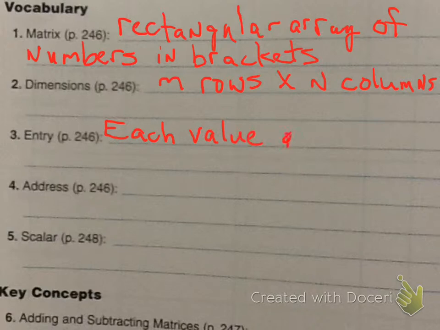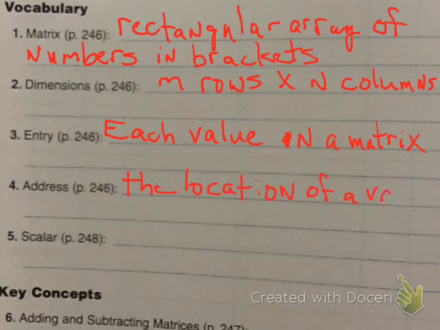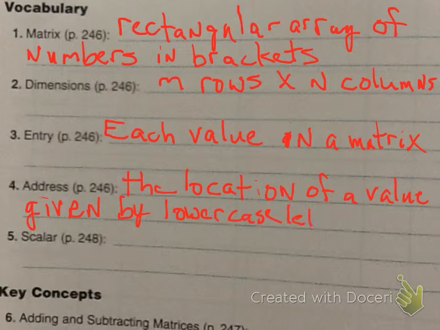The entries are the values, each value in a matrix. The address is the location of a value given by a lowercase letter, and then you'll usually put a subscript with the row and column numbers.